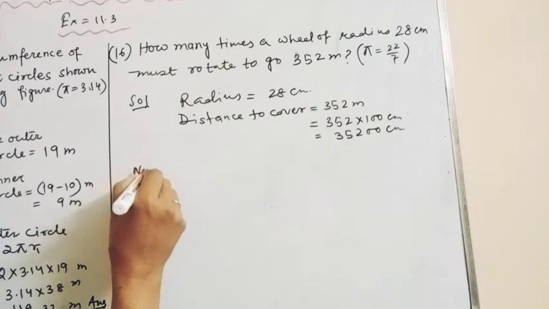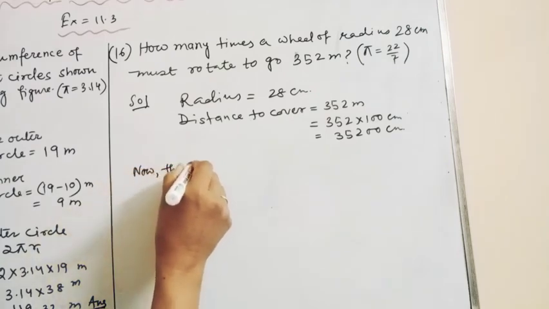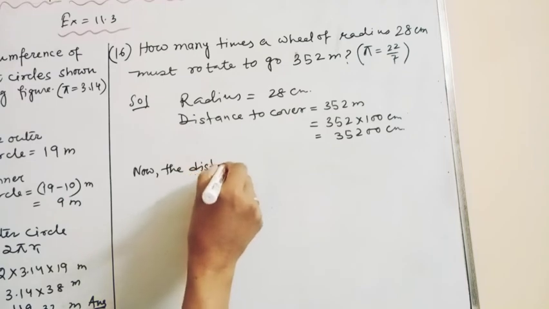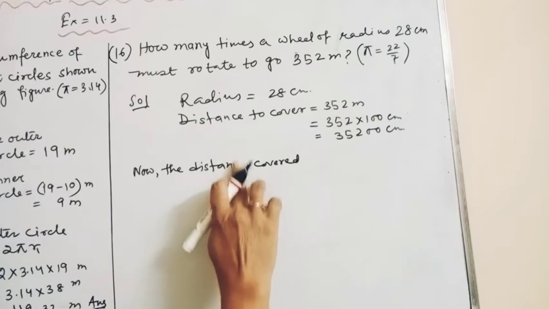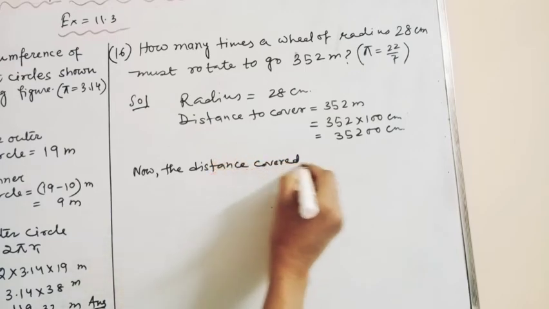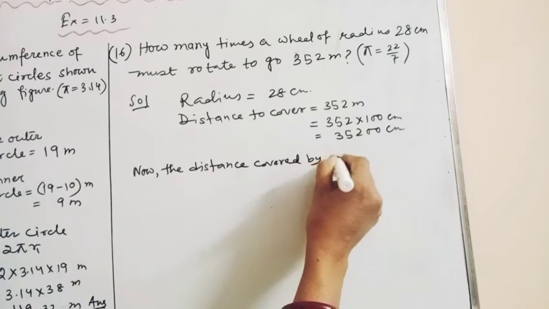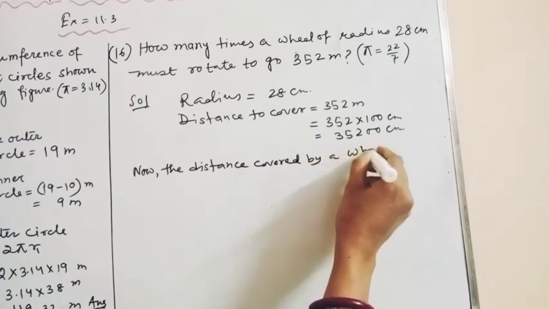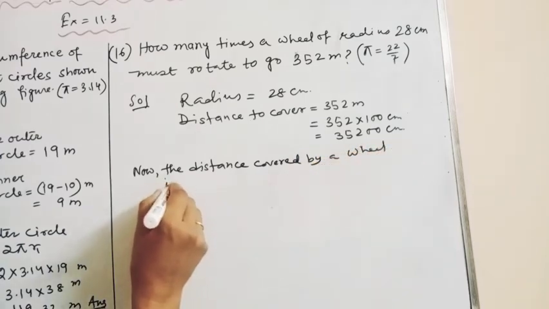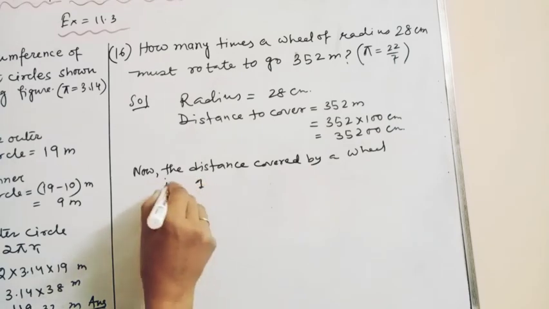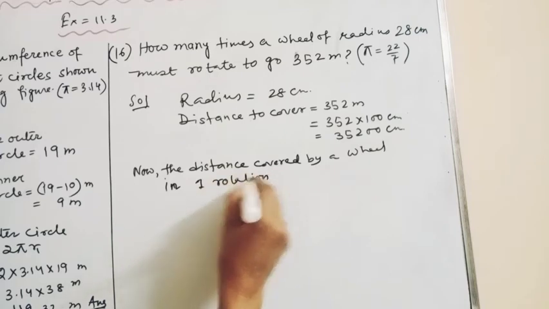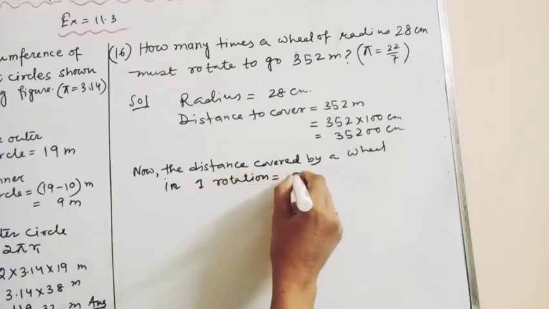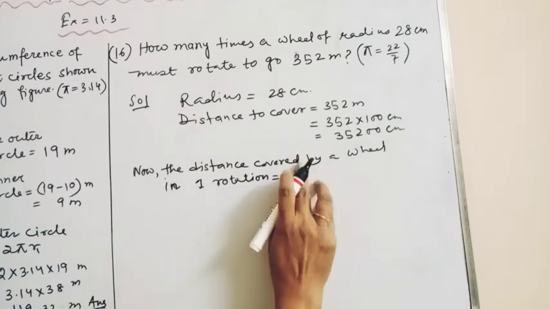Now the distance covered by a wheel in one rotation is equal to its circumference.